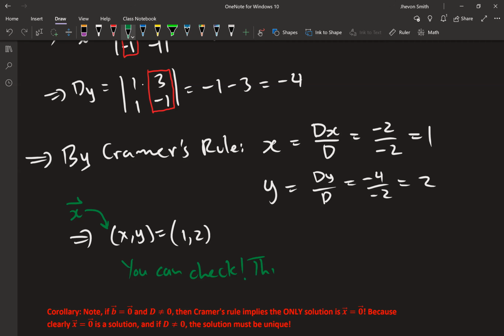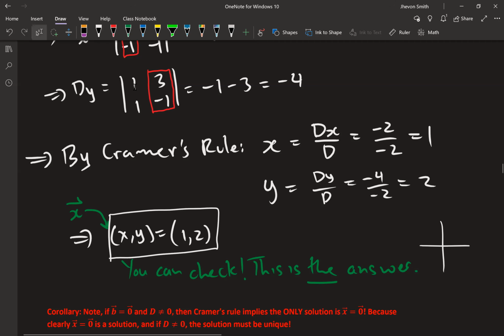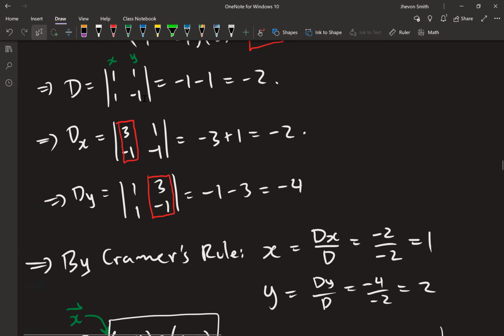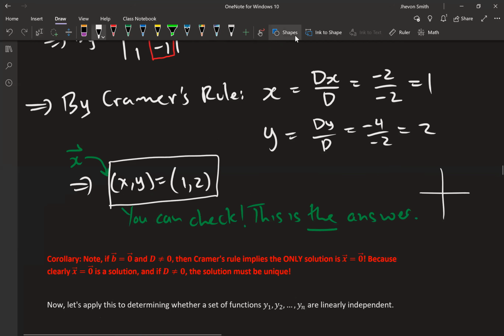In fact, this is the answer, with emphasis on the. If you were to sketch both of these equations, you'll notice that they intersect in one point, namely the point 1 comma 2. If you were to draw these graphs, x plus y equals 3, you would have a graph that looks like this. That would be the graph for the first line.